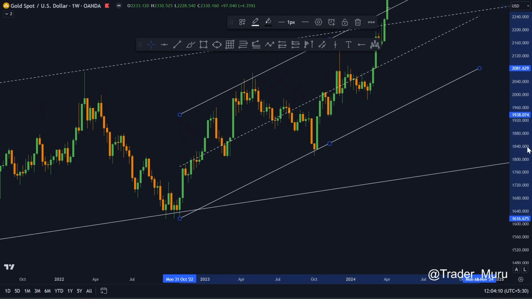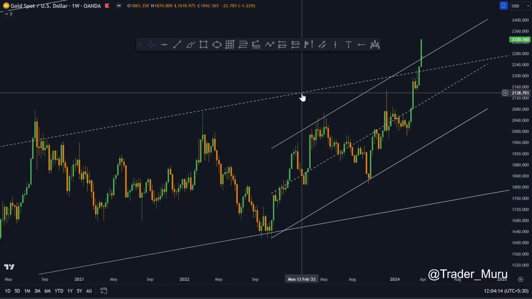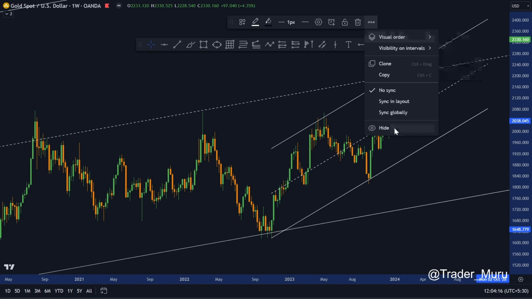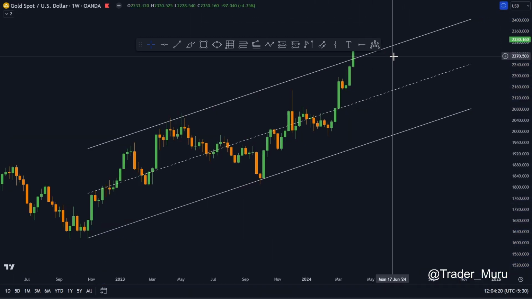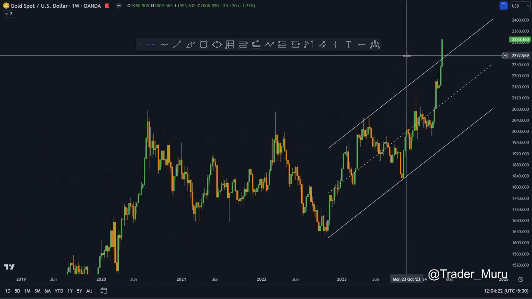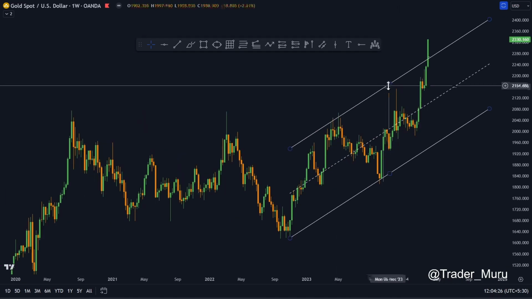Okay, this is in the regular time frame, and let me just hide that bigger parallel channel over here. So you can expect a tap near this retest in the weekly time frame guys.